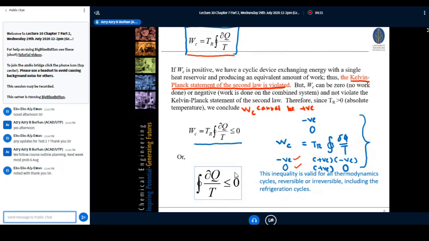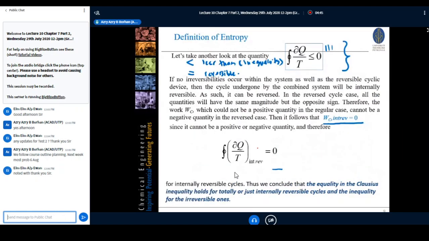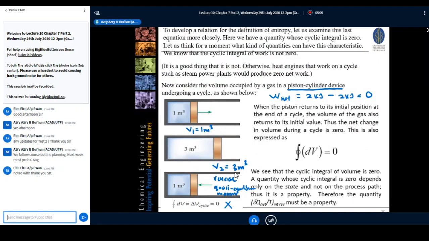Now, in order to find the new property definition for this delta Q over T, which is less than or equal to zero, we know that if the system undergoes an internal reversible process, meaning there are no irreversibilities present, the right side of the equation here must be equivalent to zero. Now, we try to relate this to existing properties from previous chapters.